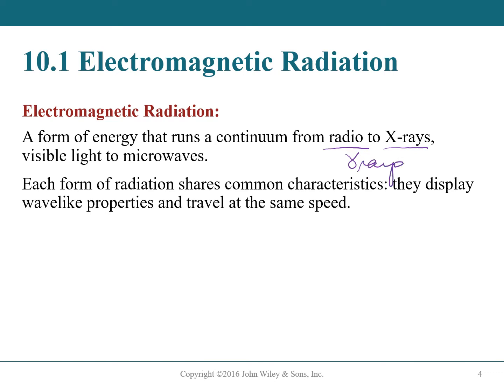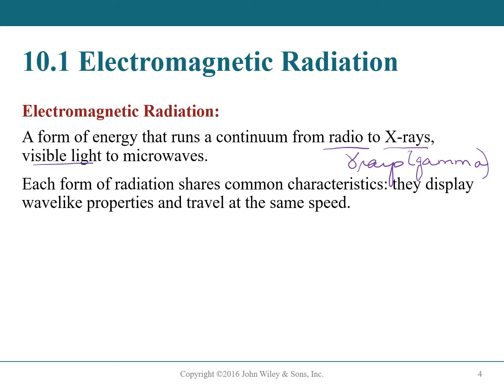So gamma rays are the most energetic, and the least energetic will be radio waves. And in there is visible light.